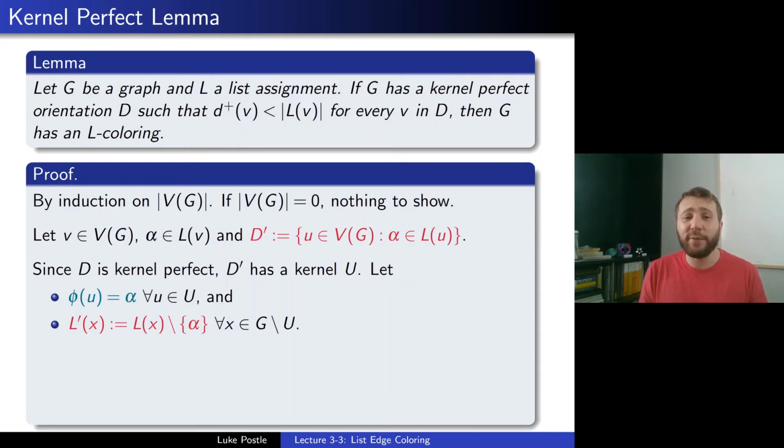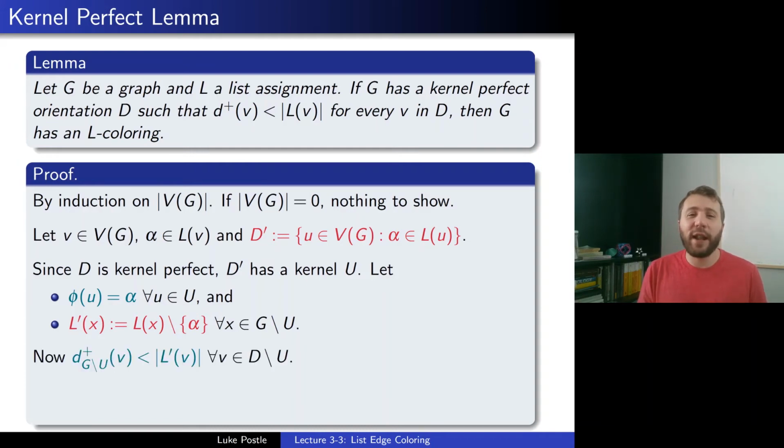Then what? Well, we've used it on those vertices, so we should remove the color from everyone else. Why? Because everyone outside of D prime doesn't have alpha anyway, so you don't have to remove it. But everyone inside D prime has a neighbor, in particular an out neighbor, in U, so of course you should remove it if you want to get a proper coloring. So we do that, and then do you see what happens?